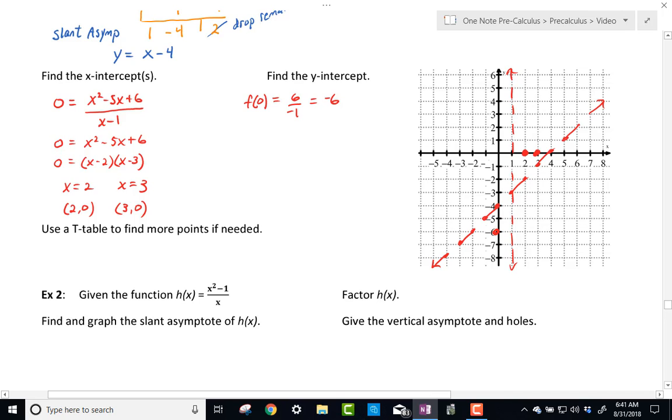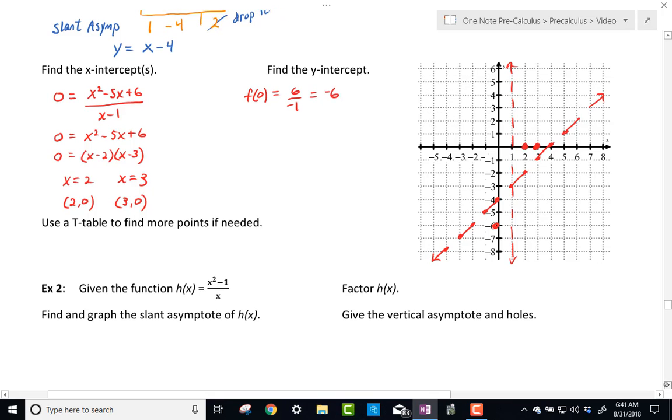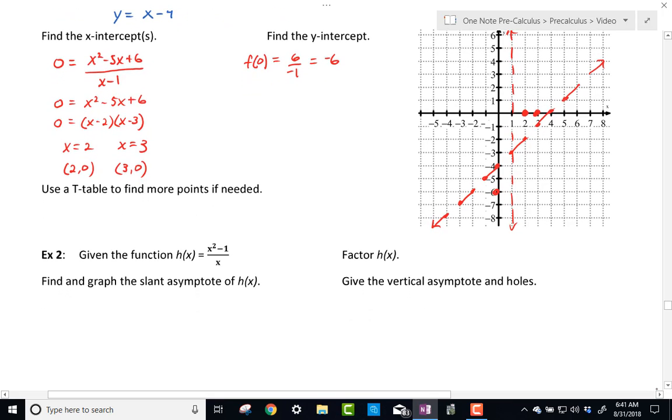All right. Now, just to kind of let you see what's going on today, I'll do a couple other points. But again, once you get used to these, you might not have to do any more points. So, for instance, maybe I'll choose to do my t-table right here, x and y.